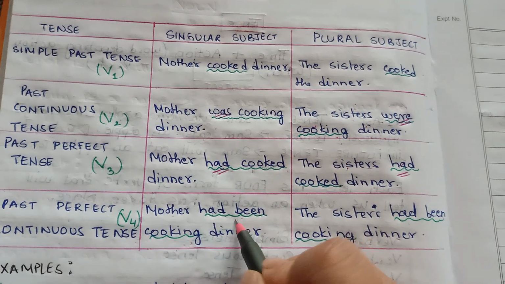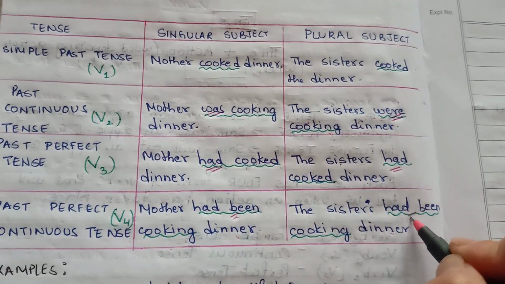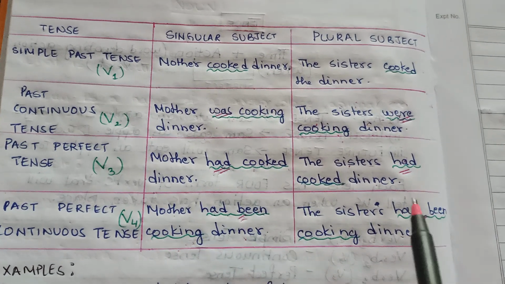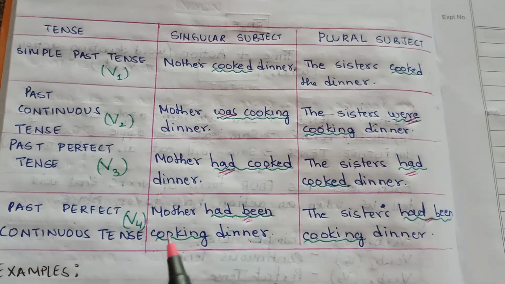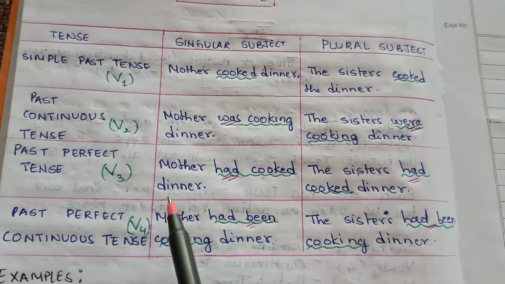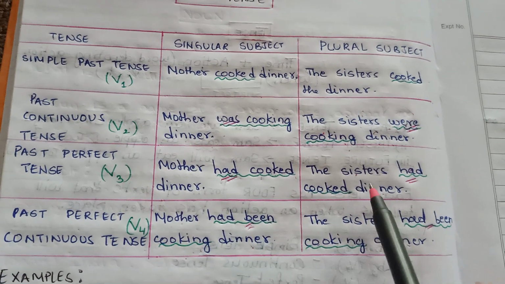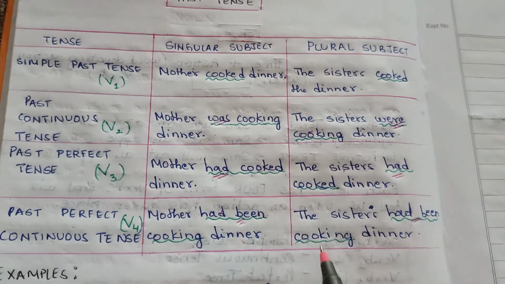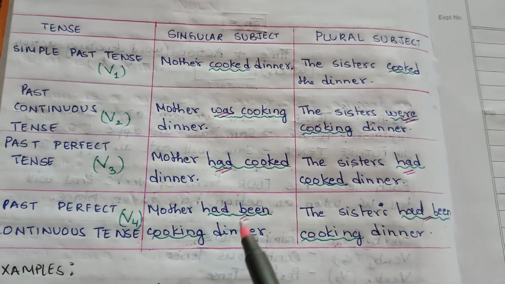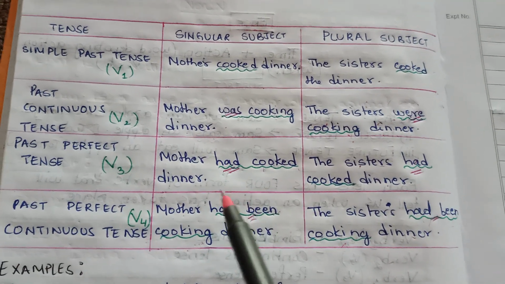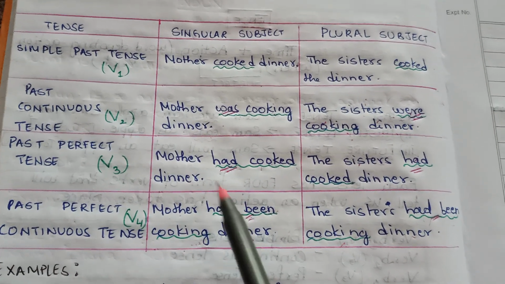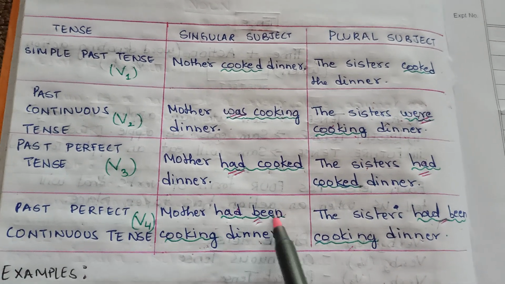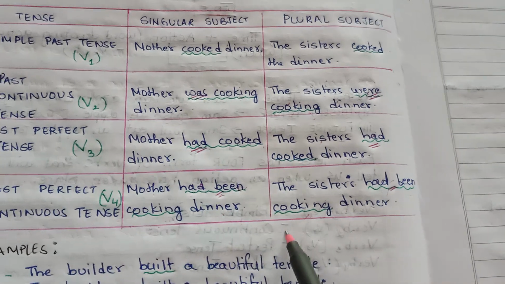So here also, there is no change to our form of verb or helping verb. It remains the same whether the subject is singular or plural. So what tells us that the action was in the past perfect continuous tense? It's the helping verb had been cooking, had been cooking.